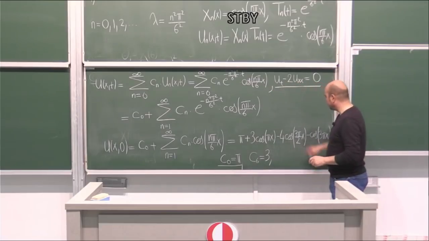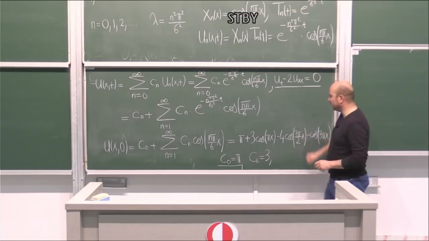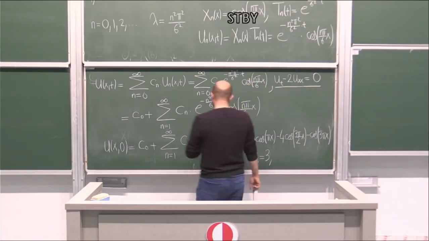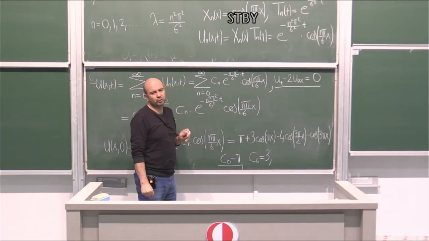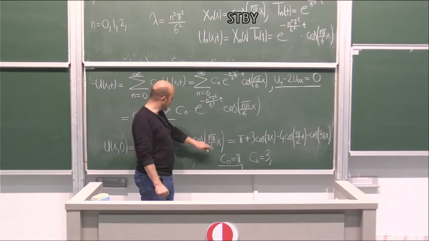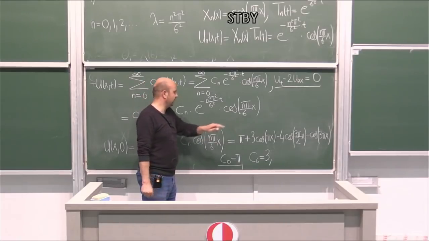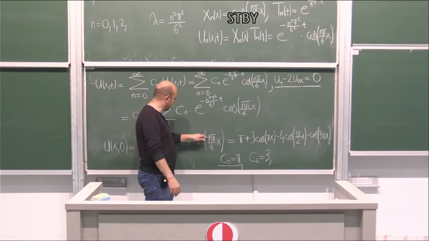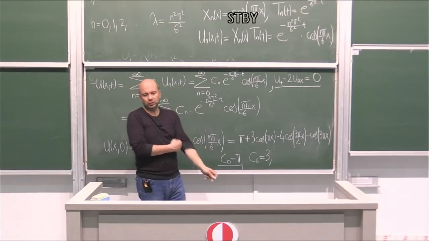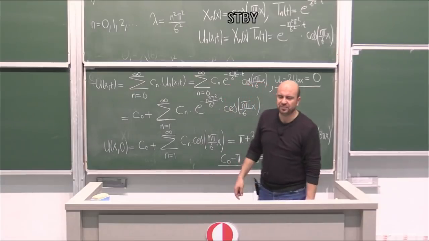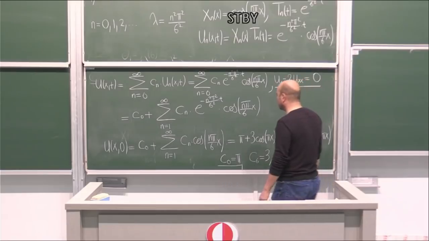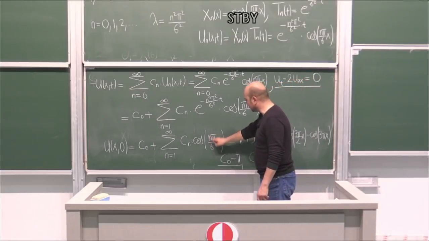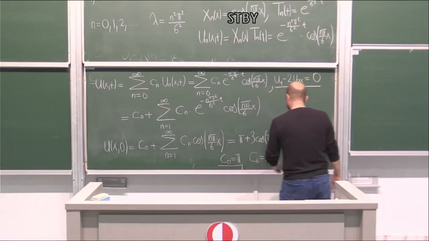So when do we have 3 pi over 2 x in the cosine? If you want this, n over 6 must be 3 over 2. So it's 1.5. So if you take n equal to 9, then 9 over 6 is 3 over 2, then we get c9.